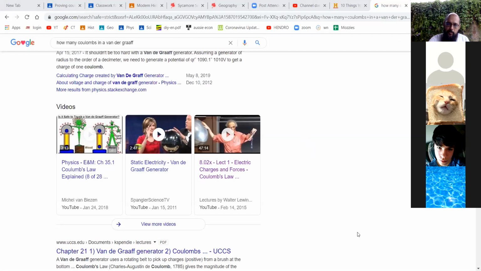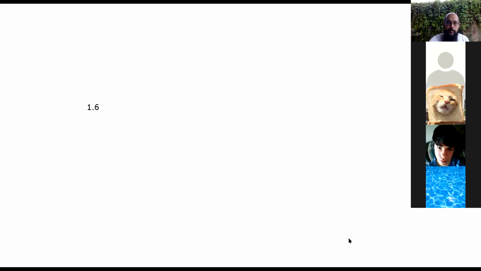So, starting off with what we do know, is we know that 1 electron has, and for an electron it's negative 1.6 times 10 to the negative 19 coulombs of charge.